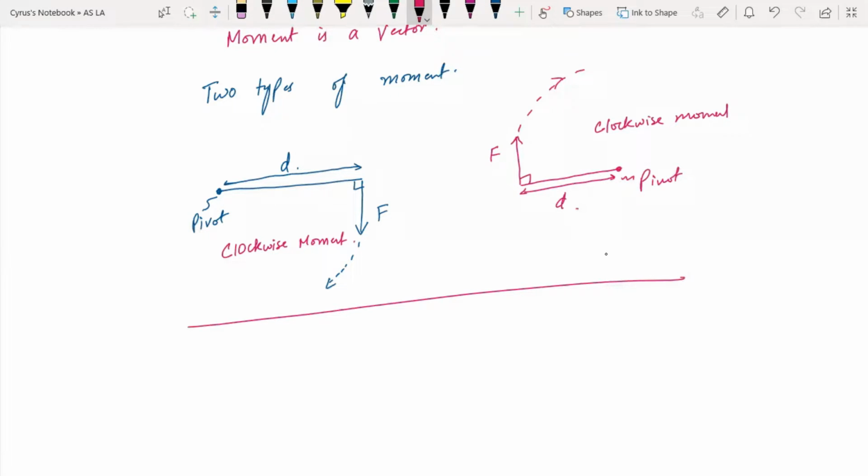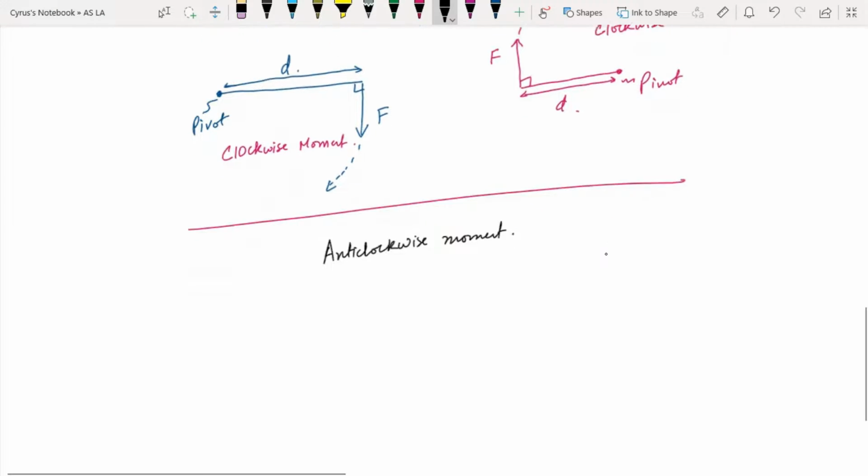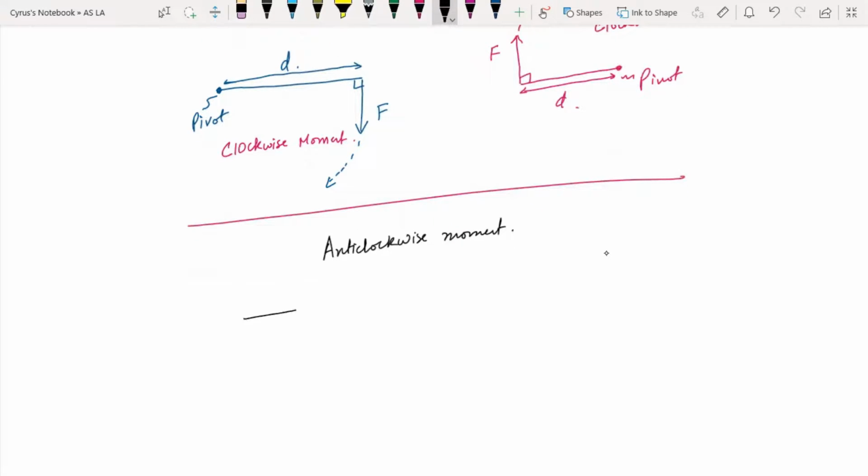Anti-clockwise movement में क्या होता है? We have here the pivot, and we have a force here, and this is the distance D that we have.